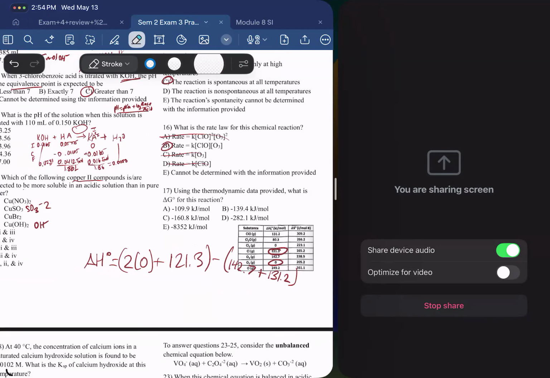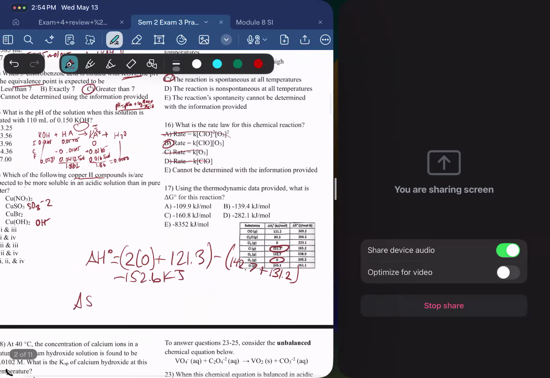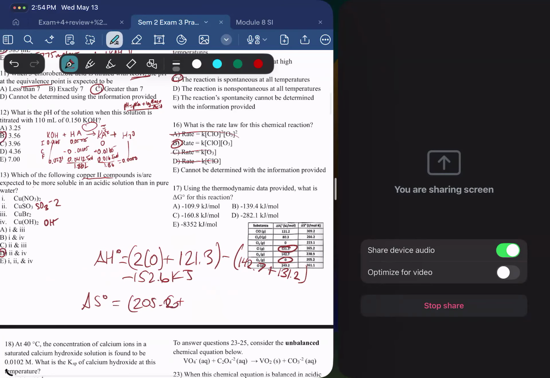And I got a negative 152.6 kJ. Now delta S is the same process where now we're going to do 205.2 plus 205.2 times 2 plus 165.3 or 2 or minus O3, which is 238.9 plus 309.2.